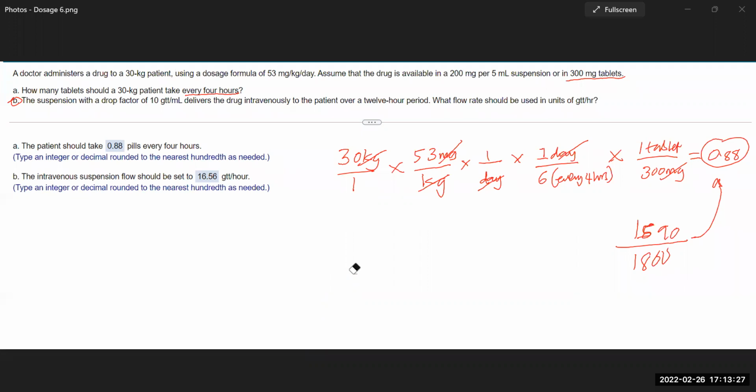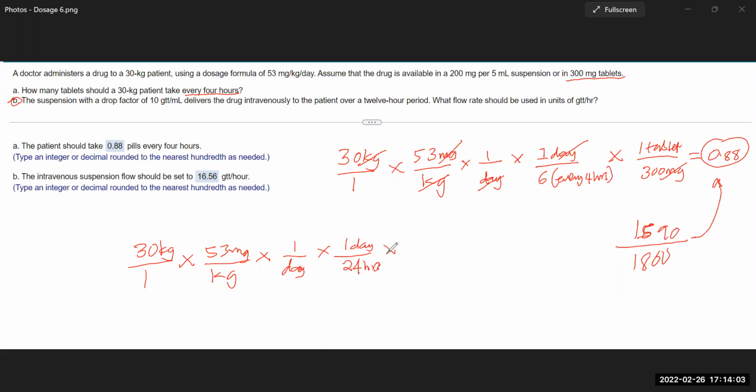So we'll go through a similar process to what we did for part A. We do 30 kg over 1 multiplied by 53 mg over 1 kg, and that is per day. Then in a day, we know we have 24 hours, because we are looking at hours this time.